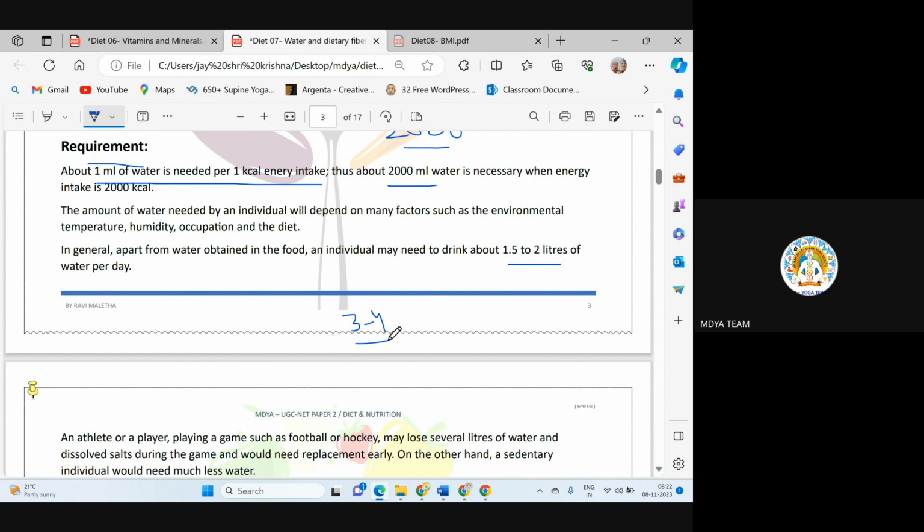If we talk about the requirement of water, it is very much changing. Modern science is not very clear about water intake and how to take water.